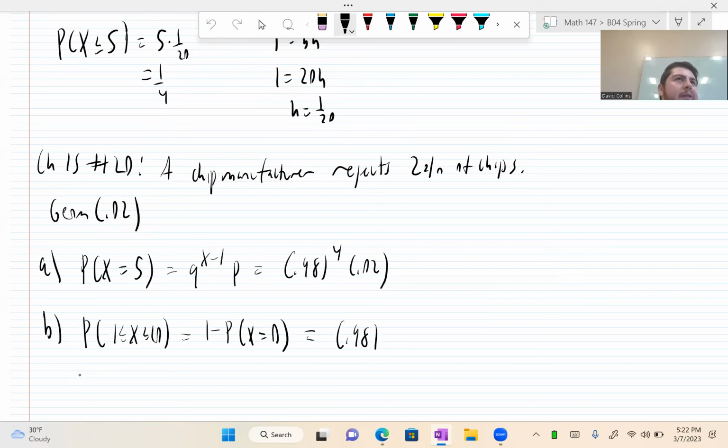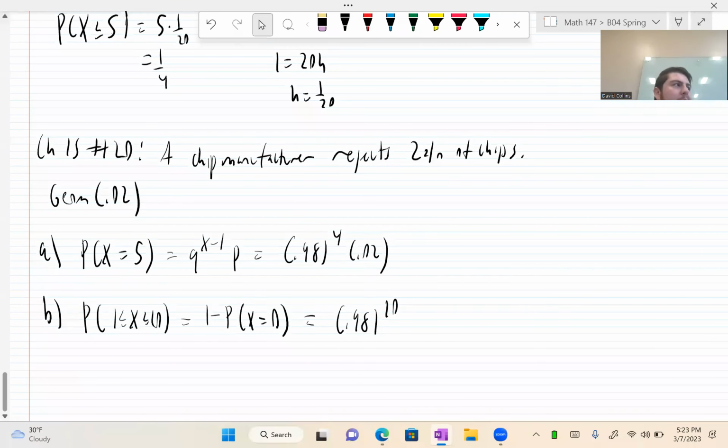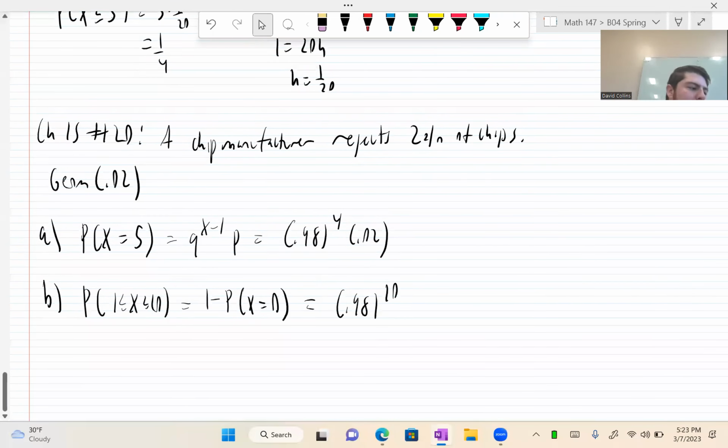In this case, failing is good, but you are not rejecting 10 chips. Are there any questions on that one? You have to think in terms of the Bernoulli trials and what the actual question's asking. The probability of finding at least one bad one in the first 10 chips is the complement of finding no bad ones.